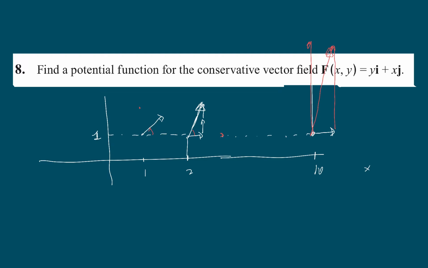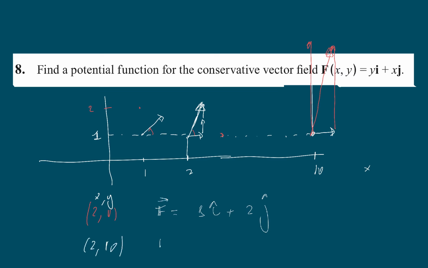So what will the vector field be, for example, at the point (2, 1)? It will be 1i plus 2j. And what will happen at the point (2, 10)? It will go up.